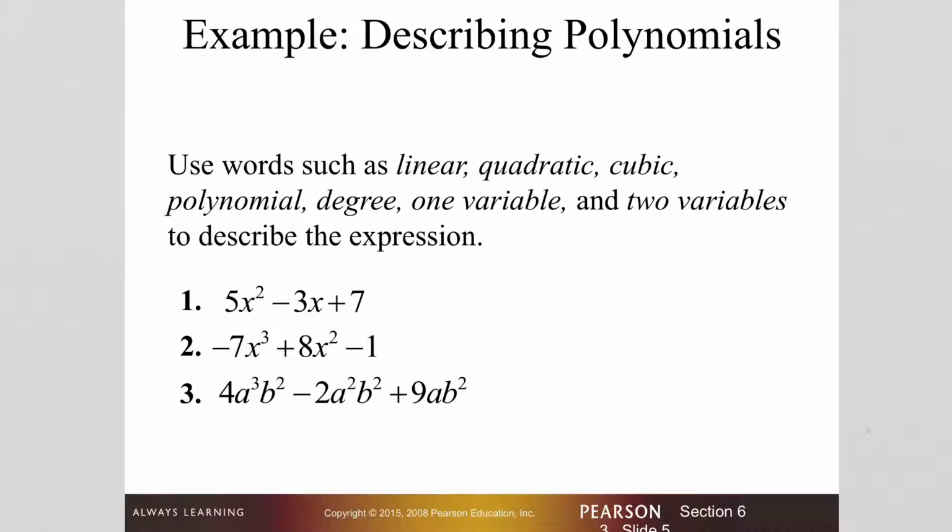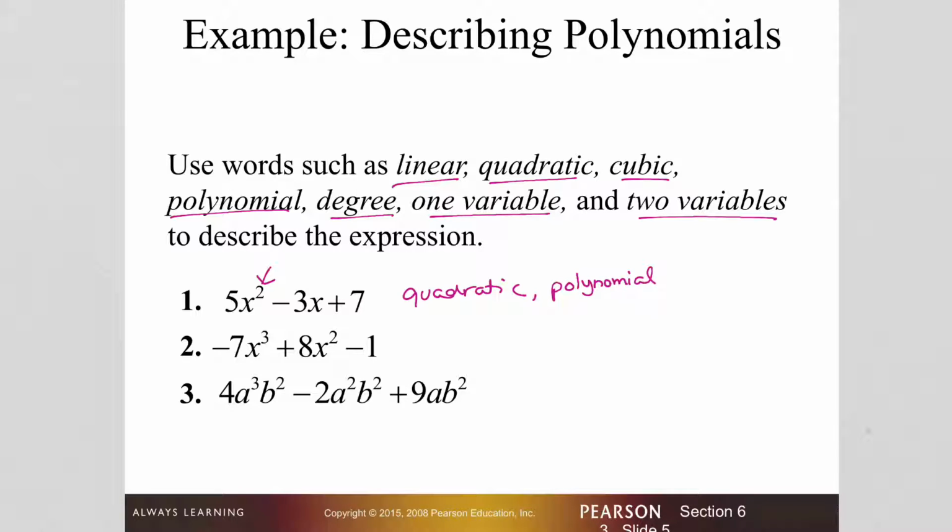Alright, so we're going to use words such as linear, quadratic, cubic, polynomial, degree, one variable, and two variables to describe. This number one is a quadratic. Now what makes that a quadratic? This right here makes it the quadratic. It's the highest exponent, so that's what makes it a quadratic. It is a polynomial, or you could call that a trinomial.